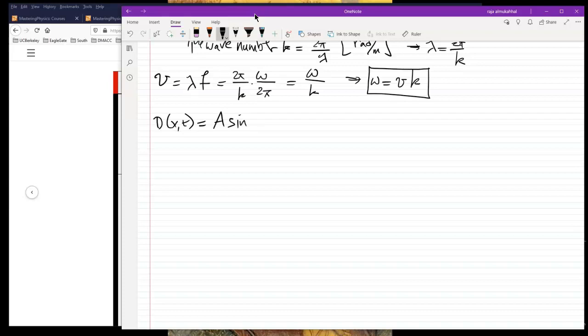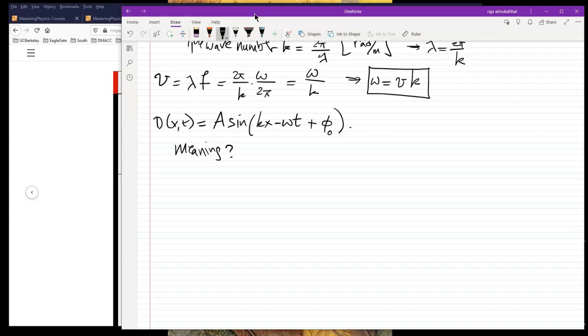I'll leave it as an exercise for you to show to yourself that this is actually true: kx minus omega t plus phi naught. Okay? So what's the meaning of this one? The meaning of it is this. Like I said, k is the wave number, we define it to be called the wave number. Omega is the angular frequency.